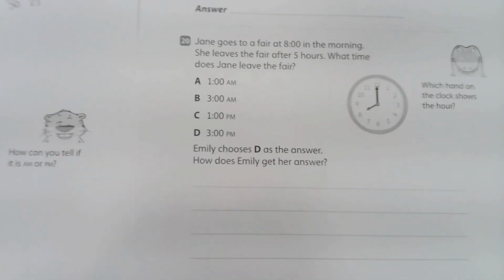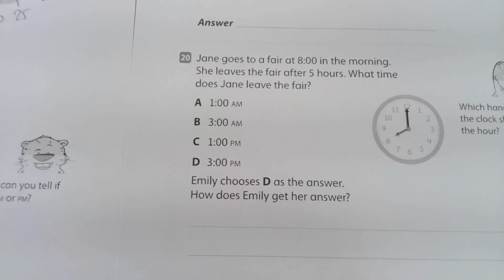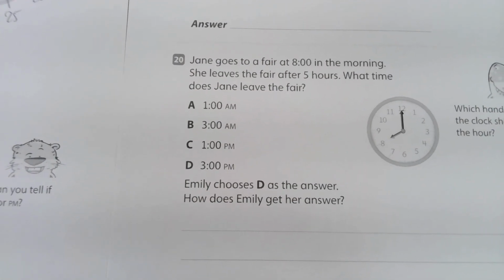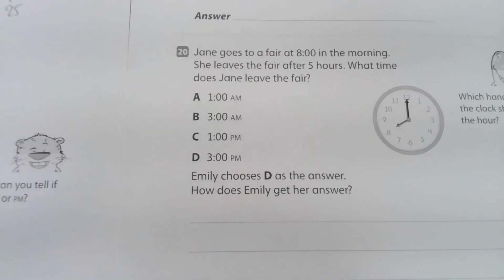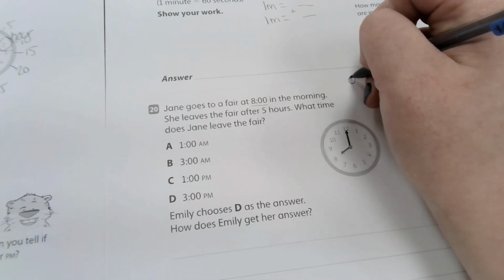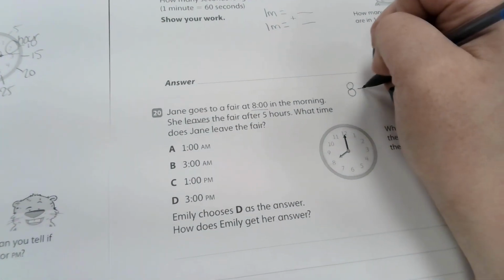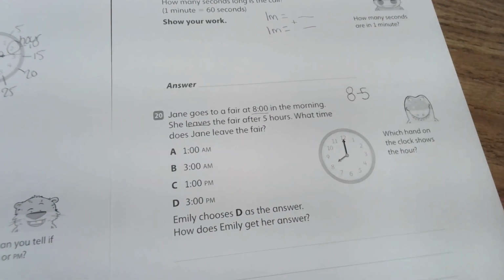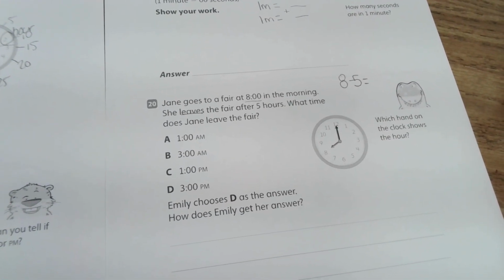Guys, I know iReady is telling you to do these big clocks and whatnot, and you can, and I will show you that, but you could simply just count on your fingers. She goes to the fair at 8, so she starts at 8 o'clock, and then she leaves after 5 hours. So after 5 hours, duh. So 8 minus 5.